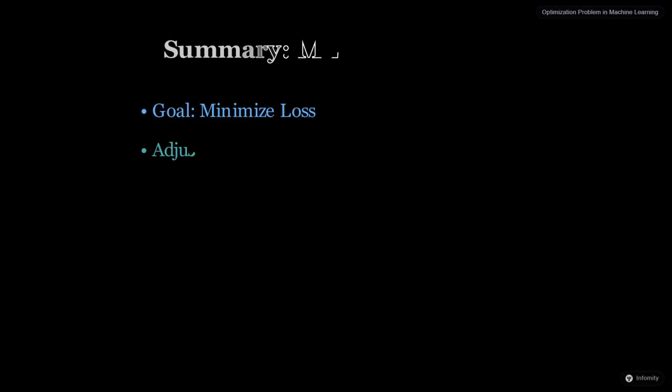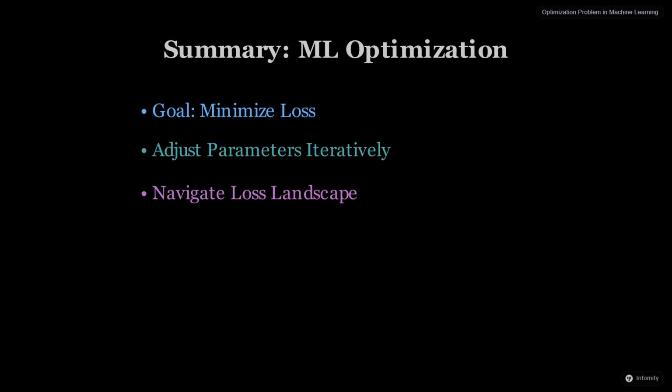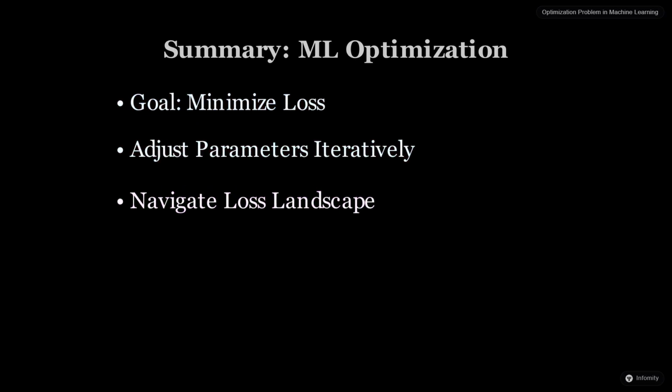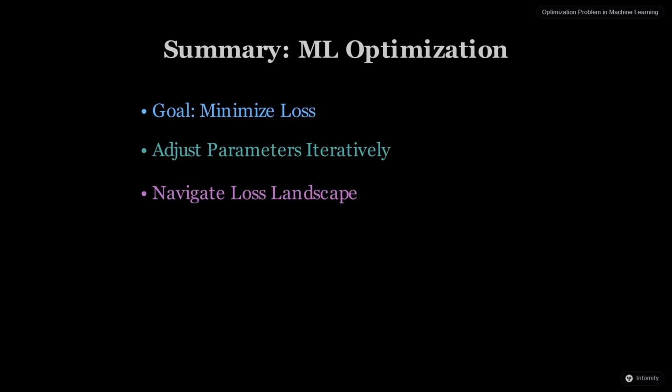To recap, machine learning optimization is about finding the best combination of model parameters that minimizes our defined loss. We achieve this through an iterative process of guessing, measuring loss, and making small adjustments, effectively navigating a complex, high-dimensional loss landscape.